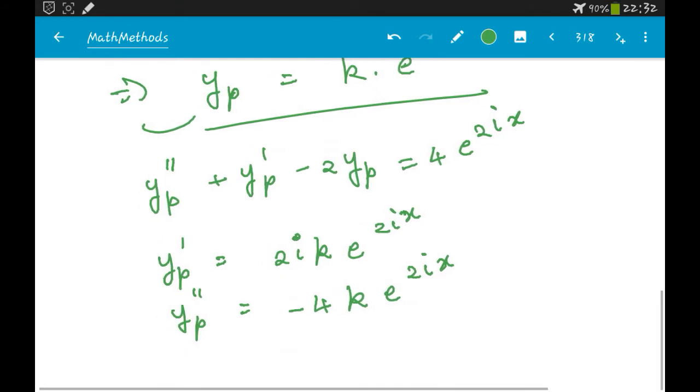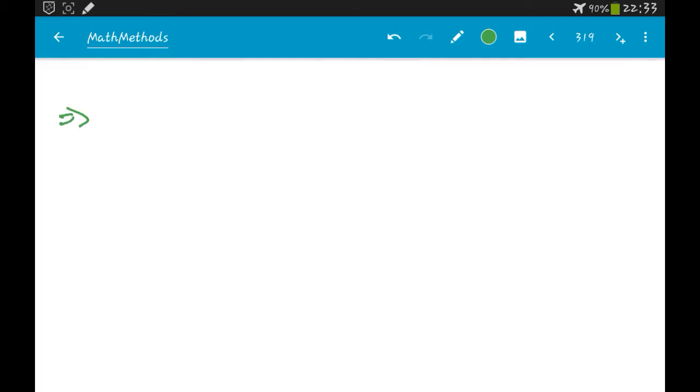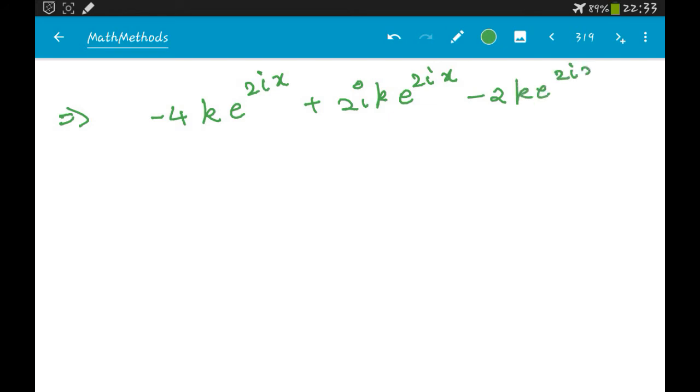Alright, so if you substitute these here, you will get minus 4k e power 2ix plus 2ik e power 2ix minus 2k into e power 2ix, right?